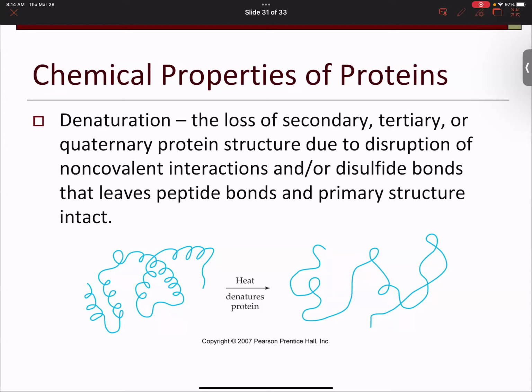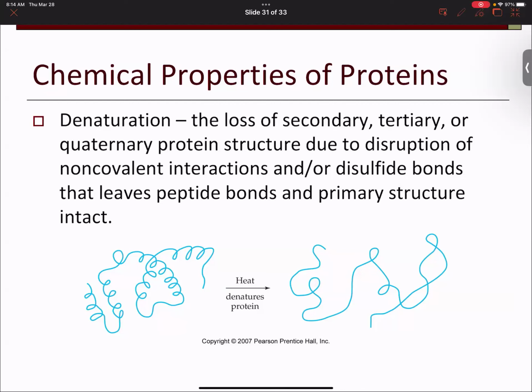Another way is to denature the protein. Basically, if you think about that globular protein that I showed you, there was the nonpolar pocket, and there was the disulfide bond, and there was the salt bridge, and all of that came together to make up this nice, beautiful globular protein.